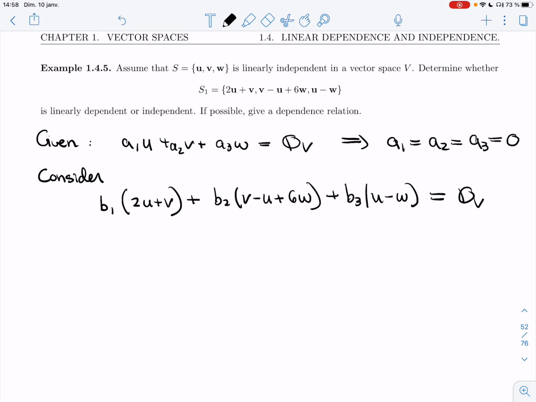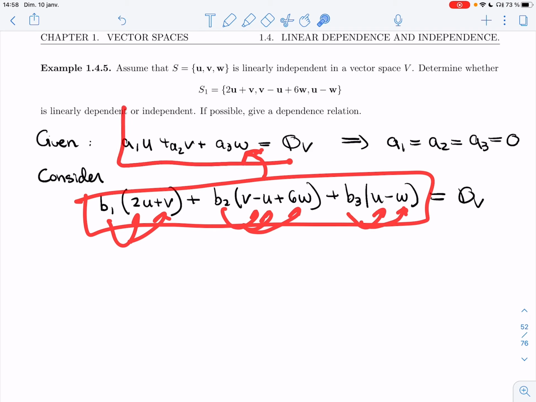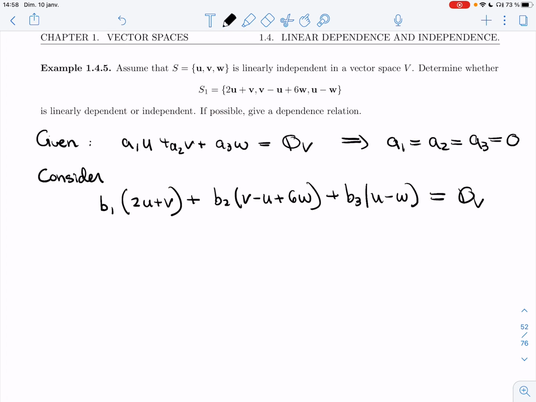All right, so I want to go from this linear combination of more complicated vectors to one that looks like this. So I'm going to distribute the constants in, and then I'm going to put all the u's together, all the v's together, and all the w's together, and I'll be able to use this implication and get that whatever those coefficients in front of u, v, and w are, that combination needs to be 0.